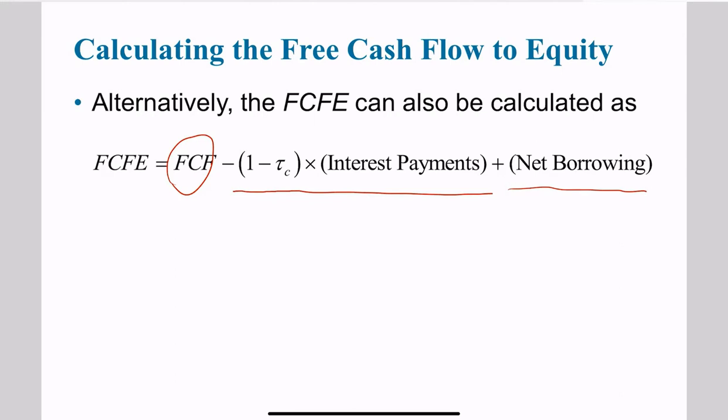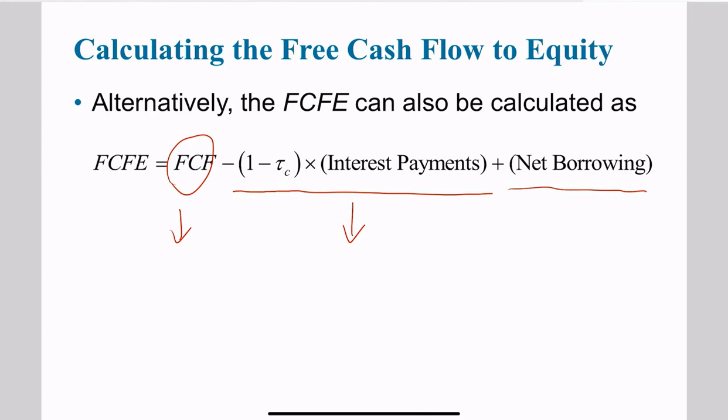This formula is also quite intuitive, right? Because free cash flow essentially measures cash flow to both equity holders and debt holders. And now we just want to find out the free cash flow to equity holders. So we have to minus the free cash flow to debt holders. That is, we want to minus interest payment.